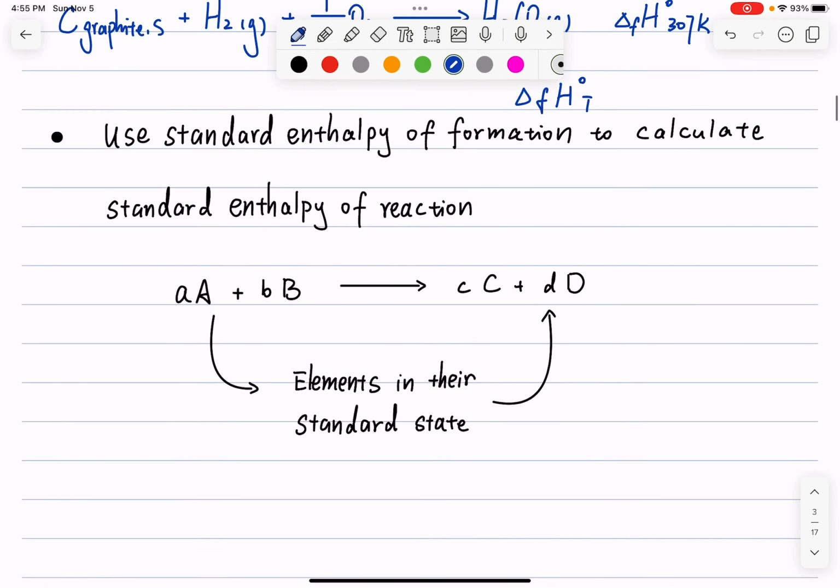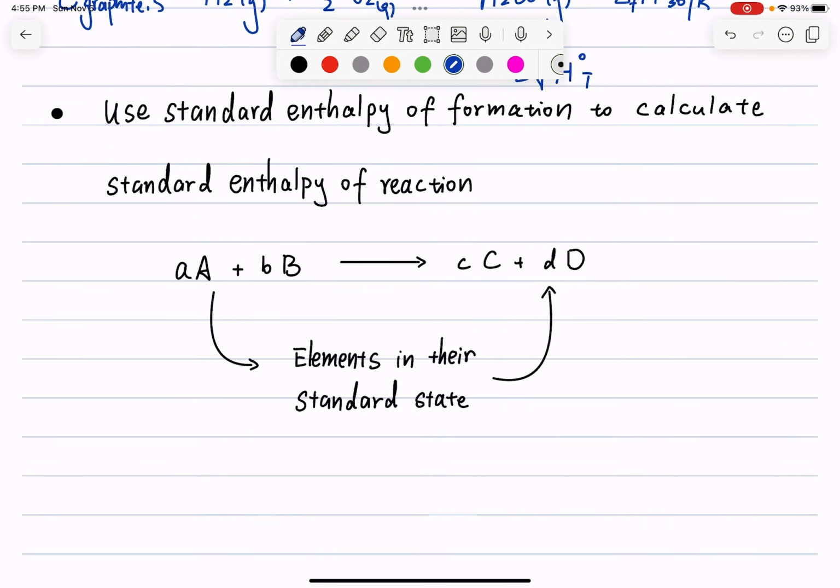So back to our reaction, like aA plus bB equals cC plus dD. What we want is this reaction, number 1. You can imagine this reaction taking place via a different path. Remember, enthalpy is a state function, so as long as we start and end at the same initial and final state, the path shouldn't matter.